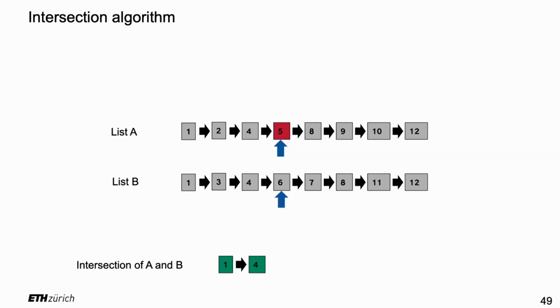And then again the smaller one we advance because it's not the same, and then again now the smaller one is the 6 in the bottom, 7 in the bottom, and once we reach 8 at the bottom, they are the same, so we pick it for the intersection and advance both. And yeah, we continue this, advance the top, the 9 to 10, advance it again to 12, and then advance the bottom one, and then 12, and then when we have reached the end of both posting lists, then we are done. Exactly, we are done.